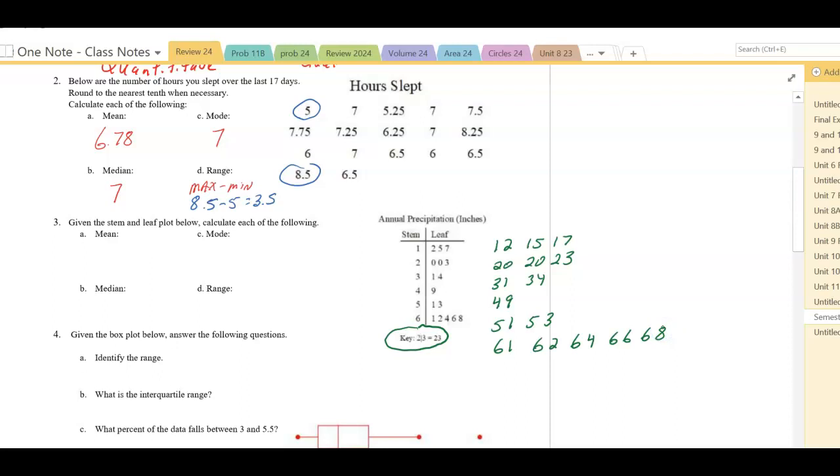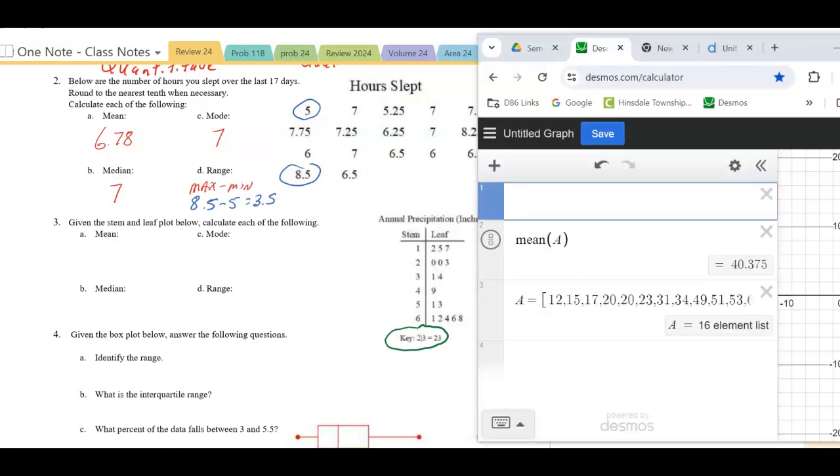So you could type in the data into your calculator and then find the mean. So typing the data into my calculator, I'll find that the mean is 40.375.